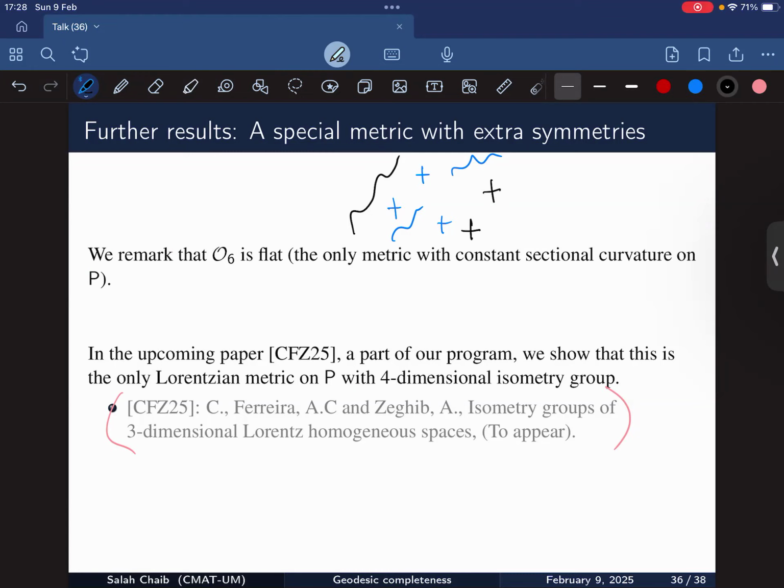So the black ones are the special metrics, and the other ones are the generic metrics, which are incomplete and having isometry group of dimension 3.